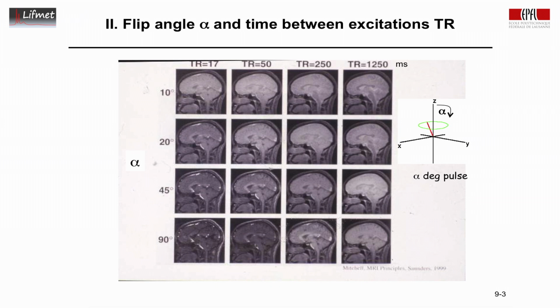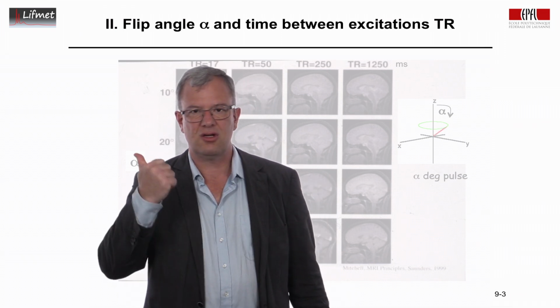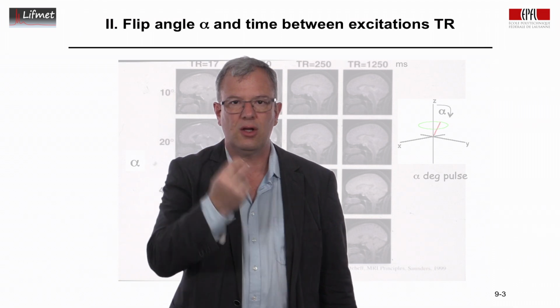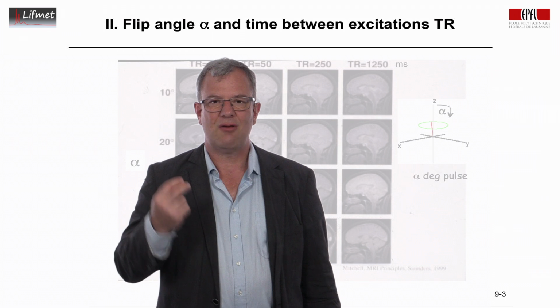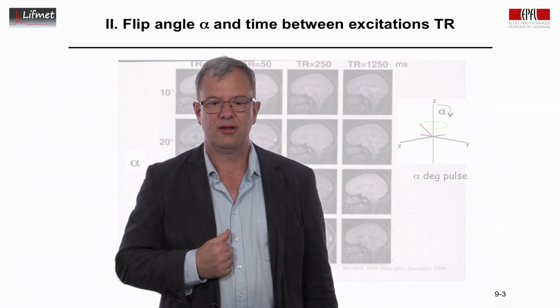So in this matrix, we can see that the flip angle and the time between excitations, TR, have an interplay between each other, and they manipulate the contrast quite substantially. So we're already at three parameters: time after excitation, time between excitations, and the flip angle. These three parameters are all under the control of the operator, the experimenter, and can all fundamentally alter the image contrast.